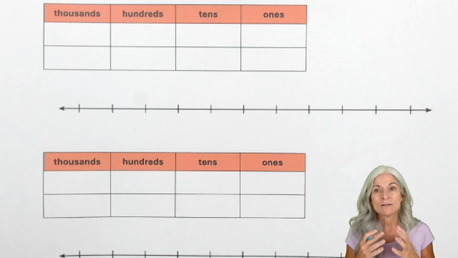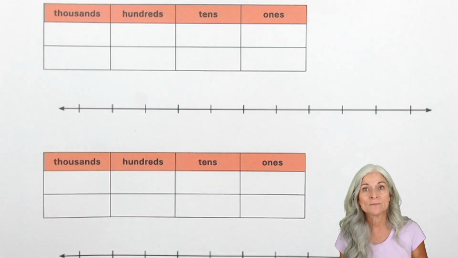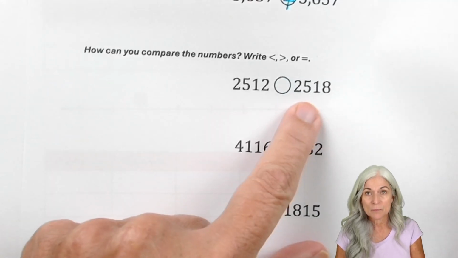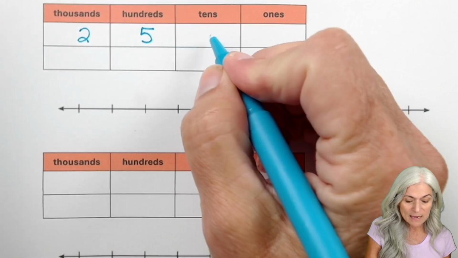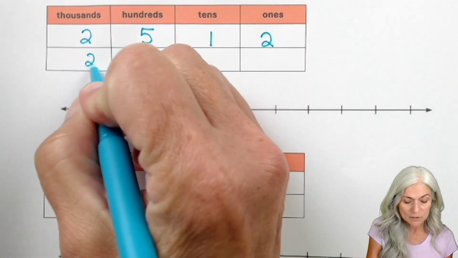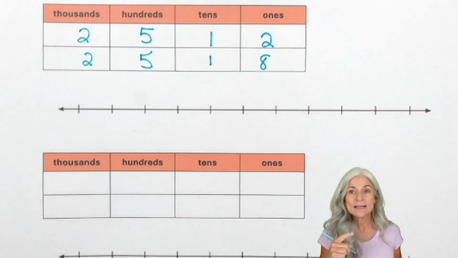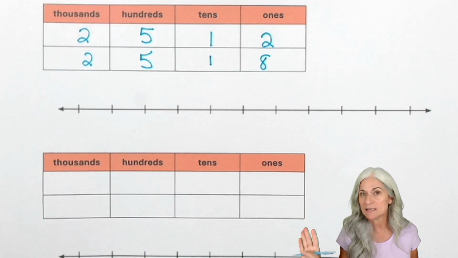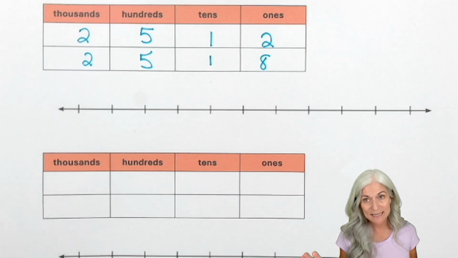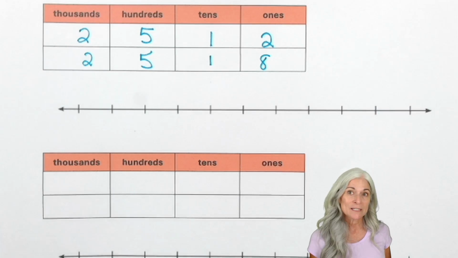I honestly think it would be such great practice for your students for these problems on their homework to put the two numbers into the place value chart. 2,512, 2,518. Let me pause and say your student may use place value, have it, and don't need to really use the place value charts. That's fine. But if your student's struggling a little bit with it, think about using these.